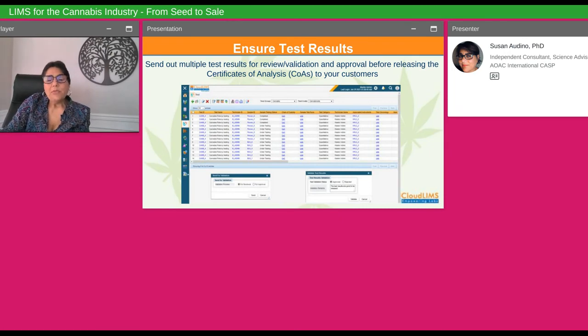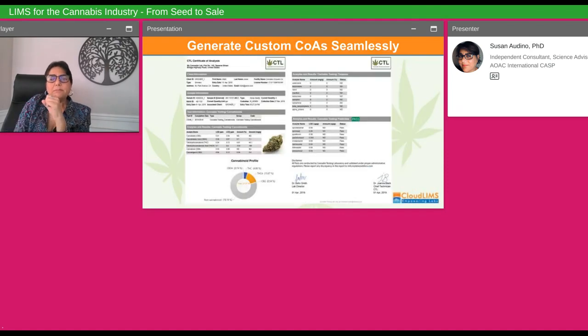So we have an opportunity here to, again, bring in all of those workflows into something that's very easily managed. Generating the COA becomes a very seamless method and practice for the laboratory.